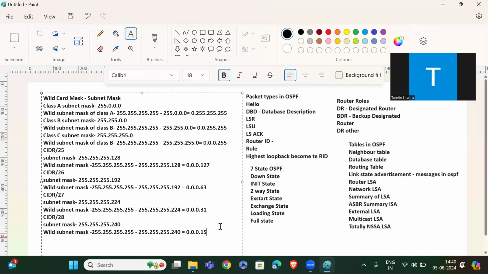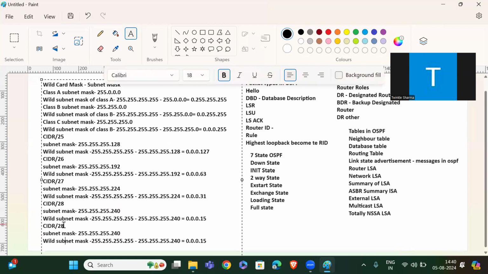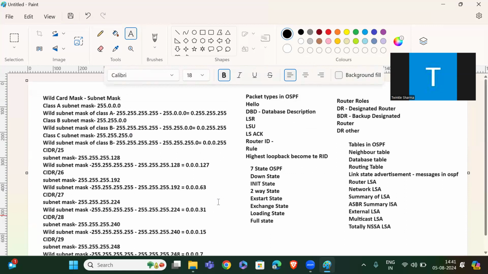Okay. If the CIDR value is 29, what is the subnet mask? 248. Okay, 255 minus 248. What is the value? 0.0.0.7. Okay, done. I hope you get the point of how we can find out the wildcard mask.